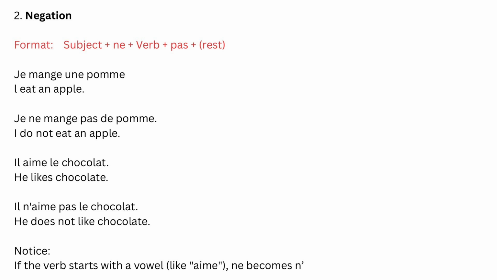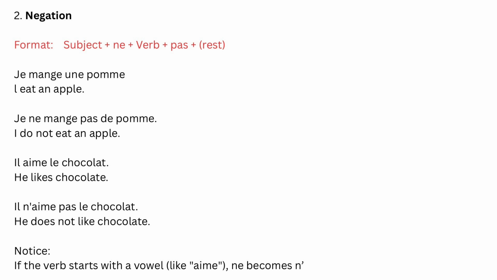Another example, il aime le chocolat. He likes the chocolate. I want to change it into he does not like the chocolate. First step, I'll have to identify my verb, which is aime, to like. Before that, I'll put ne, and after that, pas. I'll get il n'aime pas le chocolat. You must have noticed that this ne has changed to an apostrophe in the second sentence.